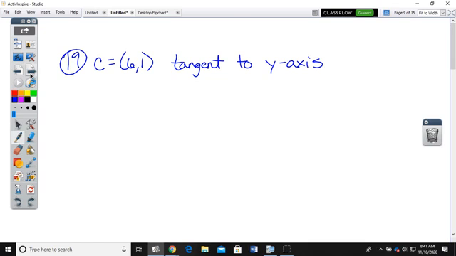Number 19. Different process here. It doesn't straight up tell us our radius. It says it is tangent to the y-axis. So, to help you understand this, I'm going to graph it first.